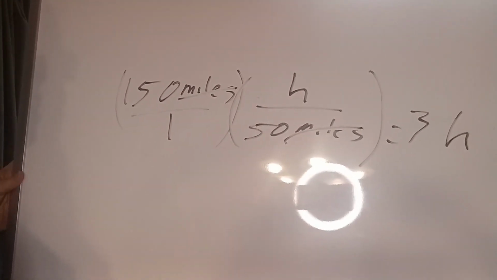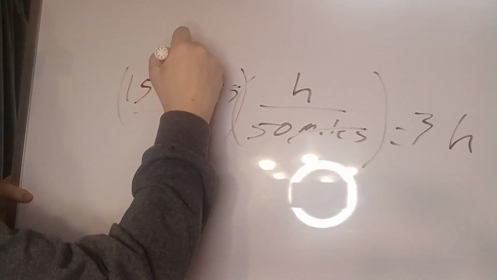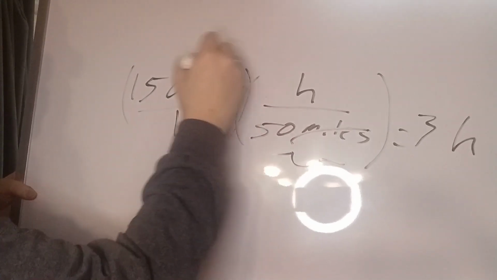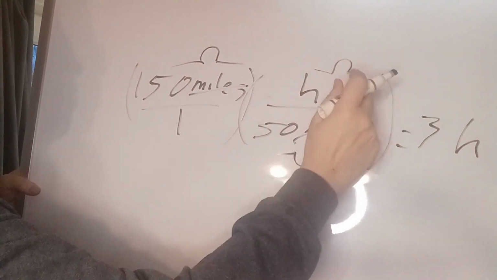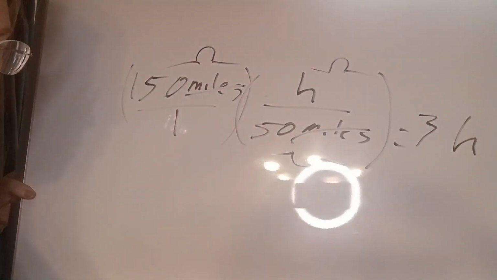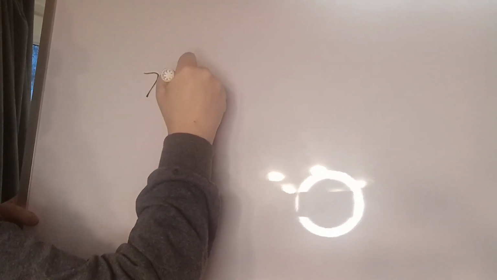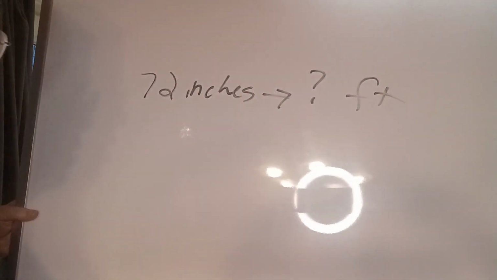All right. So this is kind of like putting together a jigsaw puzzle where the things on the top are nubs and the things on the bottom are the holes. Right? So this nub goes in this hole and leaves this nub behind. Right? Let's look at some more examples. Let's say we want to convert 72 inches into feet. All right?